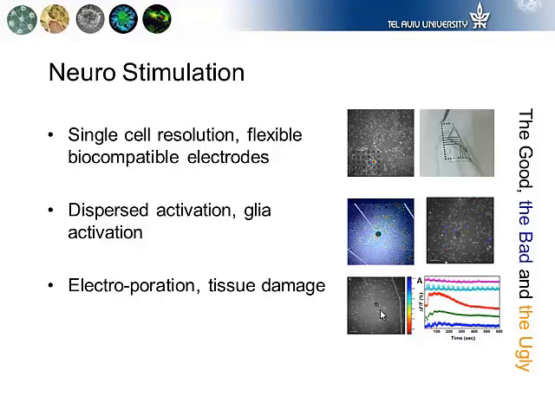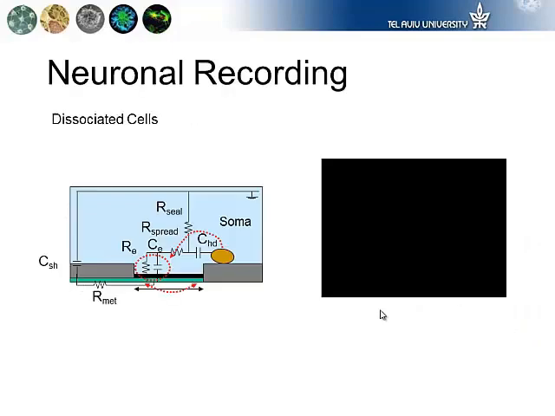And it can turn pretty ugly when you end up with electroporation or even tissue damage, and definitely electrode damage. So it's not so straightforward, but nonetheless, this is a very helpful and very important technology.